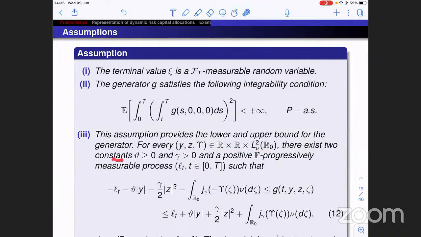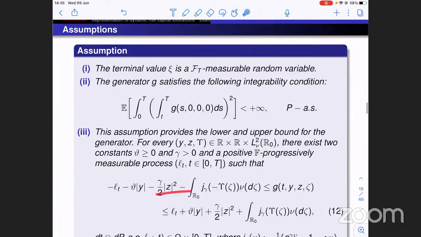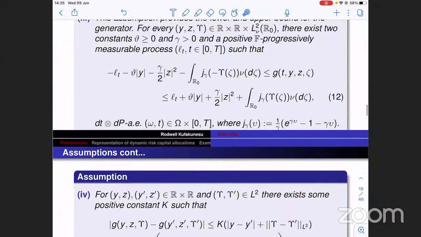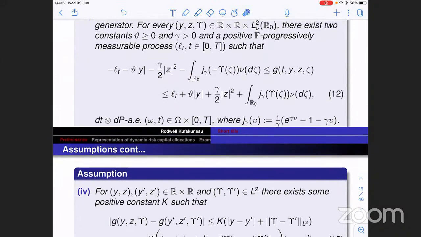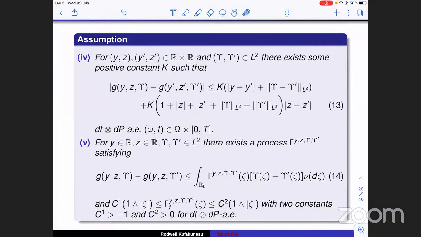There exist two constants, epsilon and, I'm forgetting now, the nu, and a positive F-progressively measurable L_t, so that we get these conditions. And yes, this condition will be written here, this one will be written here. And then we also have this growth condition, which has to be fulfilled.